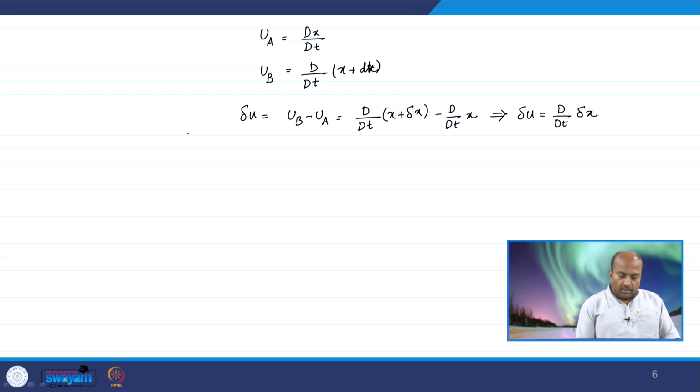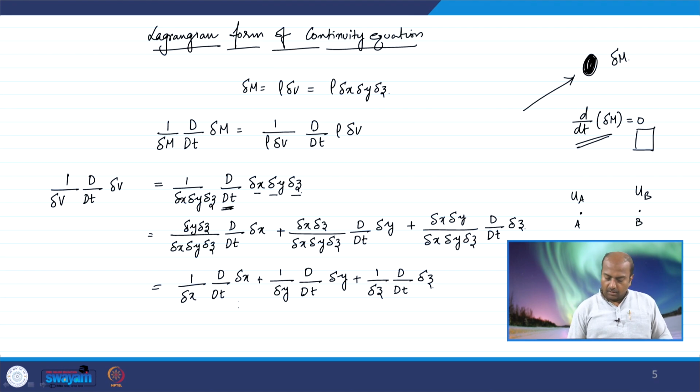So, we have already seen that the rate of change of the volume, D by Dt of delta v, the fractional change of volume, right, is going to be du by dx, dv by dy and dw by dz.